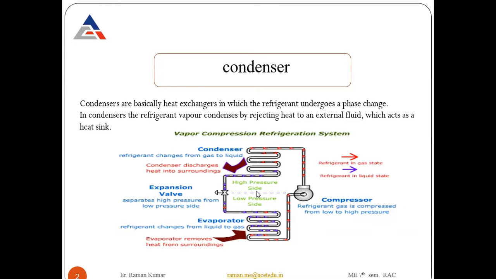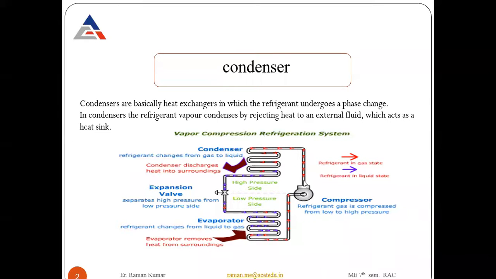Everybody knows that when the vapor is coming from the evaporator, it is at low pressure and in vapor state. The refrigerant will be in vapor state. Then the low pressure vapor will enter the compressor, where it is compressed and its pressure and temperature both get increased.